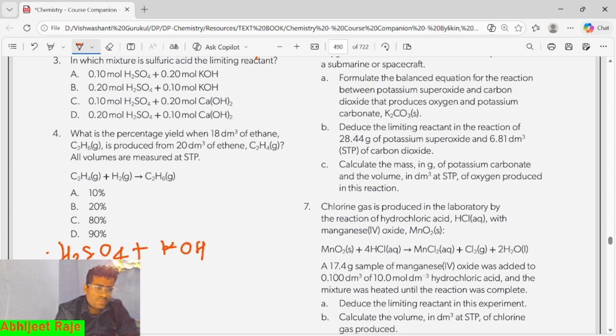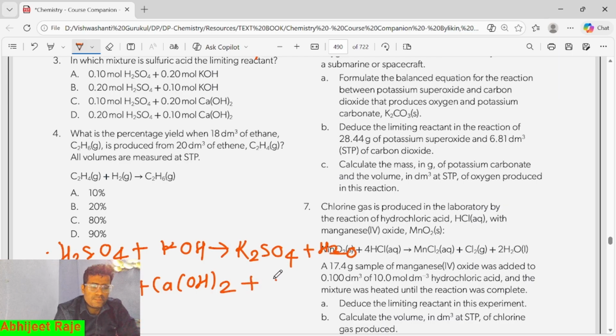Second, H2SO4 reacts with calcium hydroxide, right? Now I'll get the products K2SO4 plus H2O. Second, I will get the product CaSO4 plus H2O, right? This is my equation.